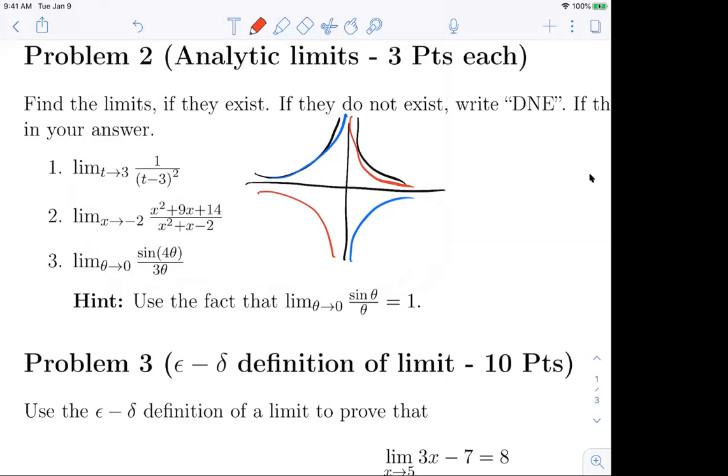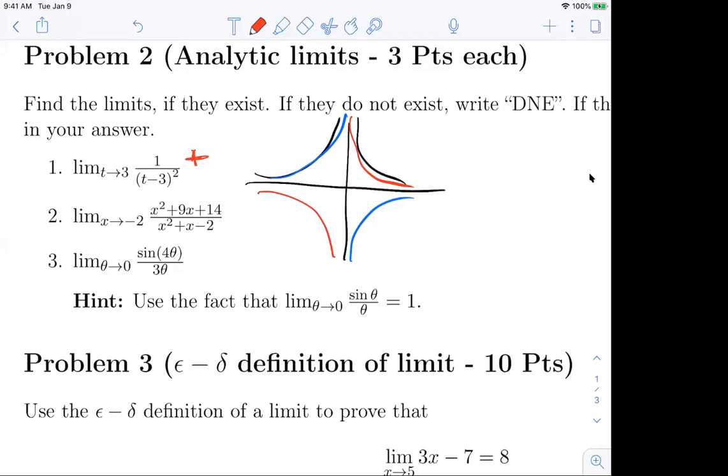As we approach 3, remember what we did with something like this. The top is always positive, right? What about the bottom? Yeah, the bottom's always positive except at t equals 3, but the bottom's always bigger than or equal to 0.